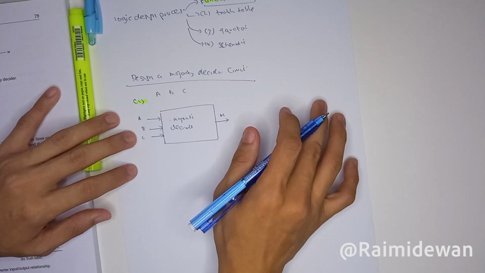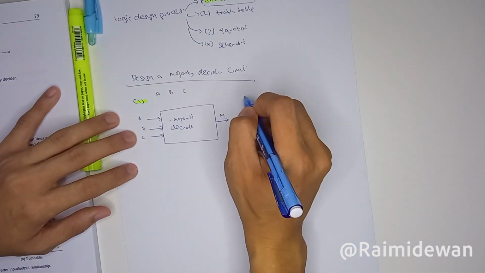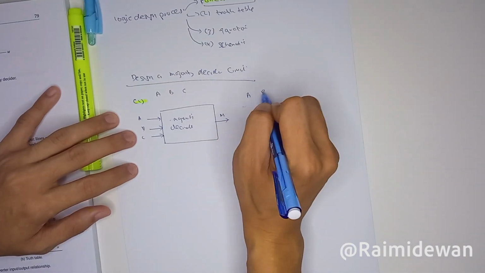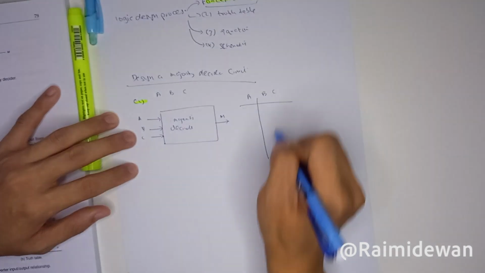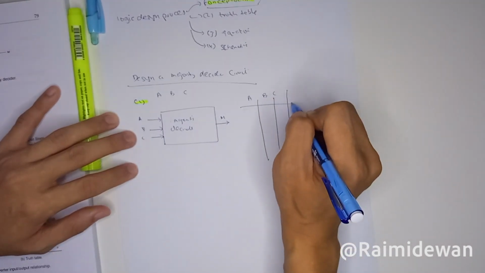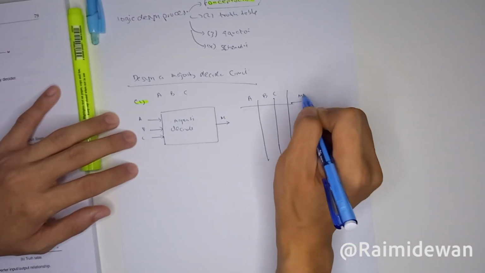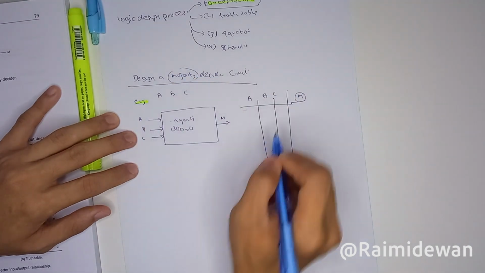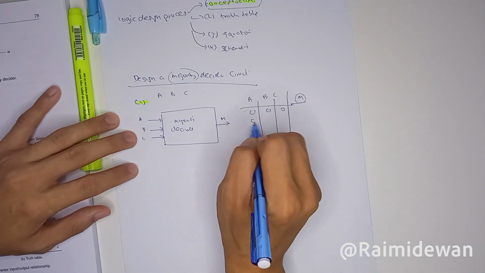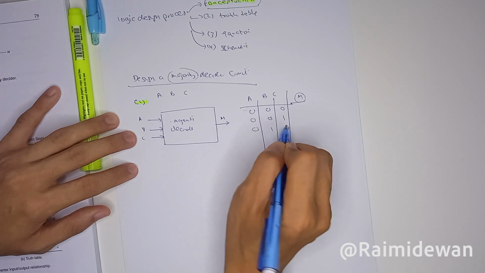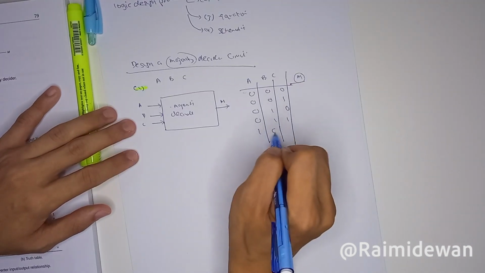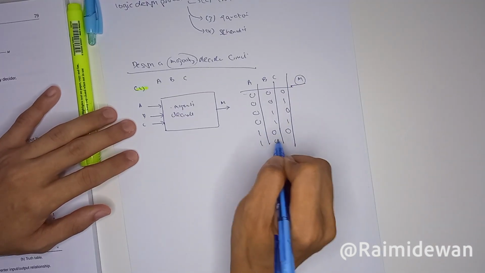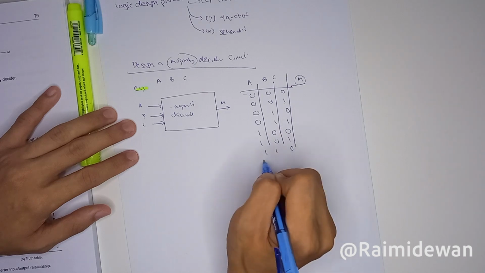Truth table: you have a, b, c as the input variables, and m is your output. Majority decider circuit: 0 0 0, 0 0 1, 0 1 0, 0 1 1, 1 0 0, 1 0 1, 1 1 0, and 1 1 1.